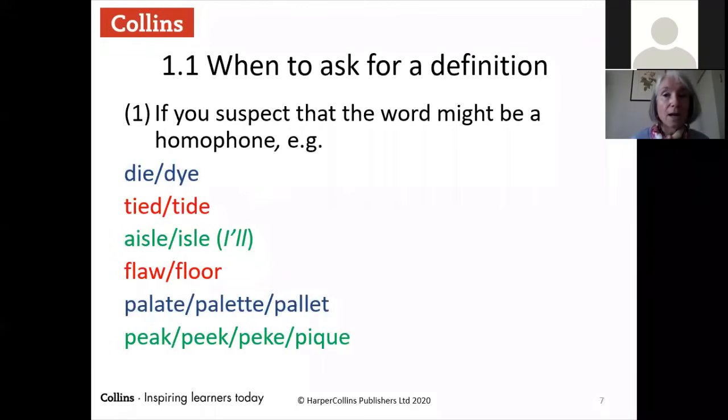If the spellmaster says your word is peak and they spell P-E-A-K, if the word is peak, meaning offence or anger, then they've spelled the wrong word. So it's very, very important to ask for a definition if you suspect the word you're being asked to spell is a homophone.